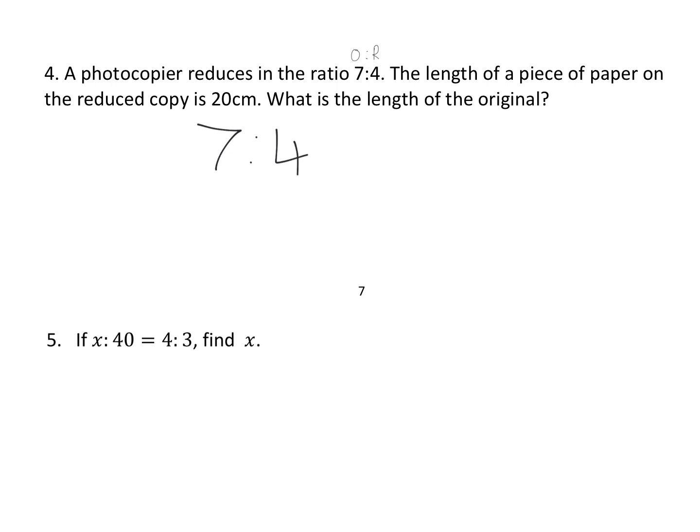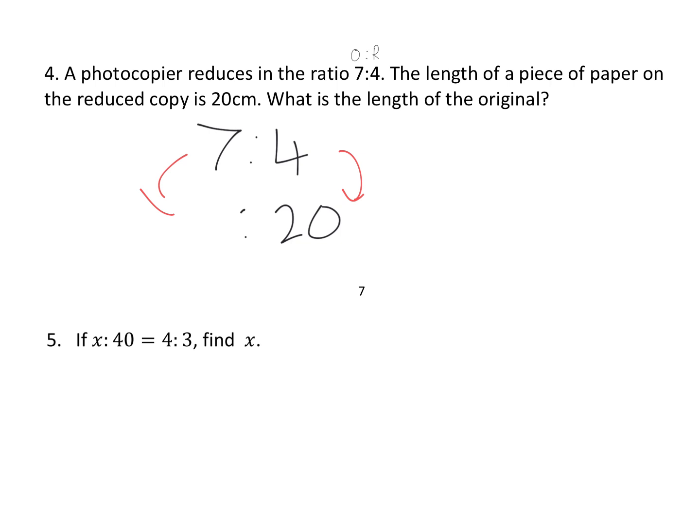We are given the length of a piece of paper on the reduced copy, that's on the right hand side, it's 20. What is the original length? We want to work out this one. Now, I've written it out this way because it actually works out doable without a calculator.